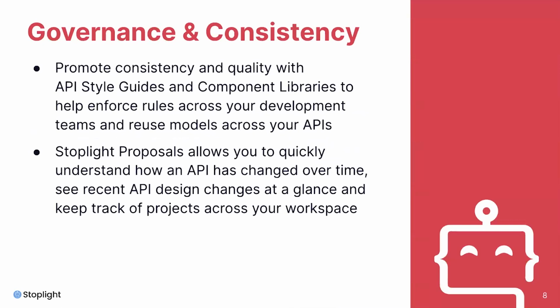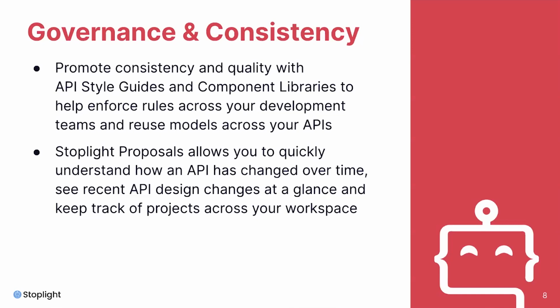And finally, Stoplight's governance features allow you to govern your APIs at scale with an always in sync central repository of API designs, schemas, and API documentation. You can easily share, apply, and enforce standards across all of your API designs to provide consistency, reusability, and better governance throughout your API program.